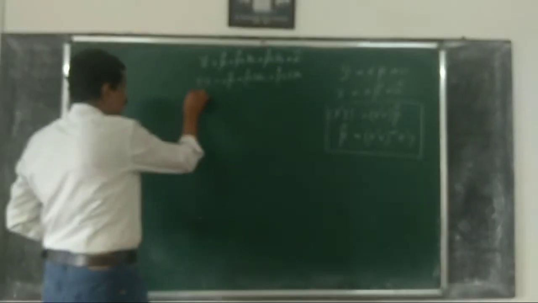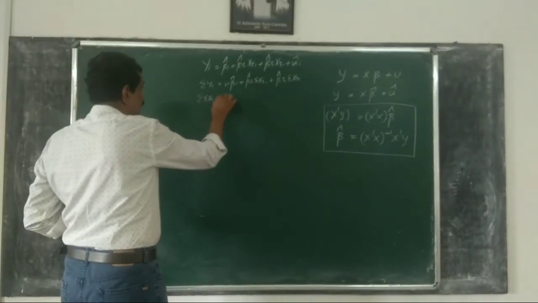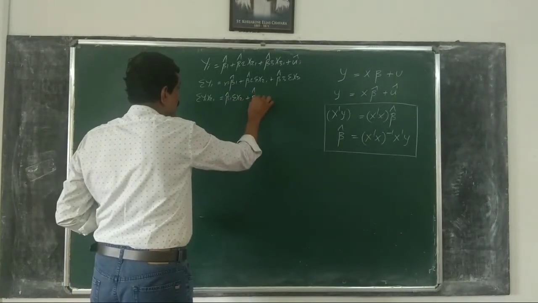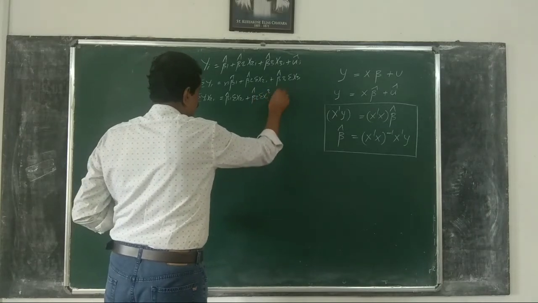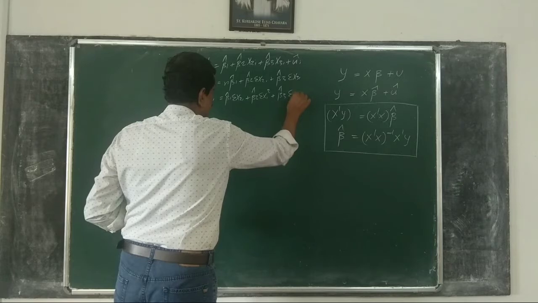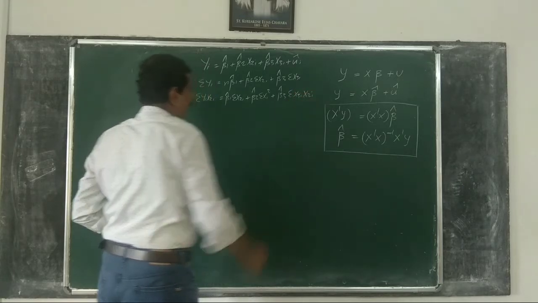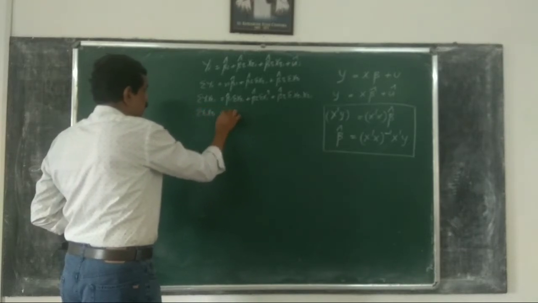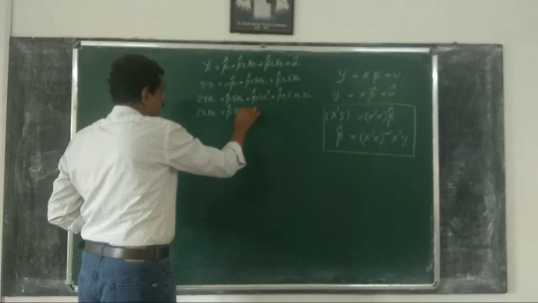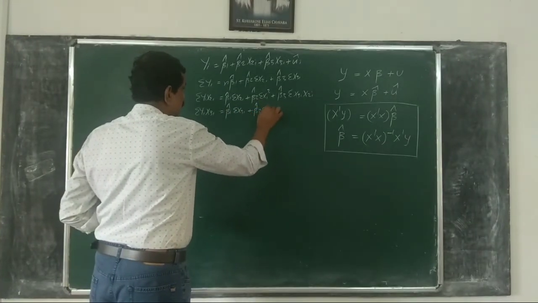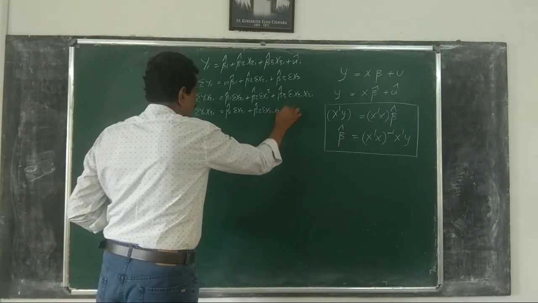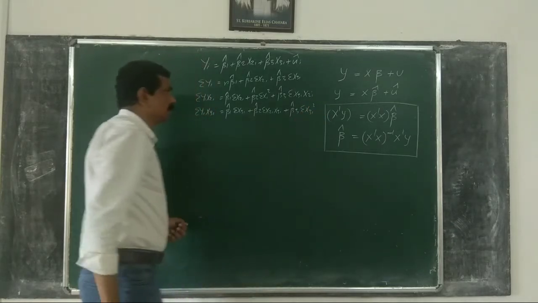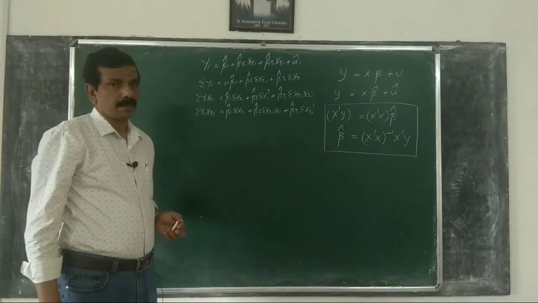Then sigma Yi X2i is equal to beta 1 hat sigma X2i plus beta 2 hat sigma X2i square plus beta 3 hat sigma X3i X2i. And sigma Yi X3i is equal to beta 1 hat sigma X3i plus beta 2 hat sigma X2i X3i plus beta 3 hat sigma X3i square. The normal equations for the three-variable model.